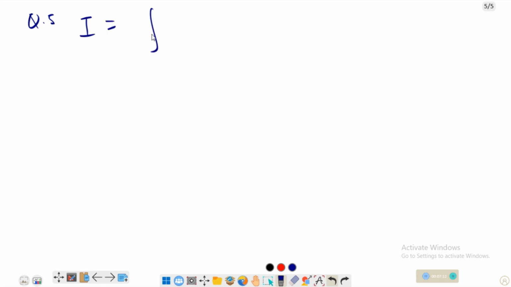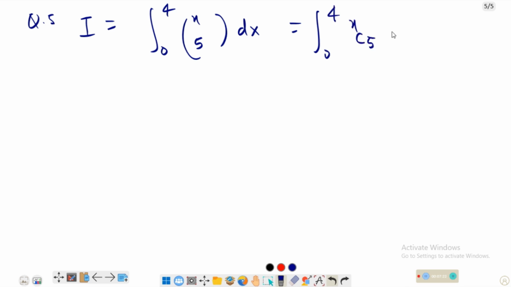I is equal to the integration from 0 to 4 of xC5 dx. We know nCr is equal to n factorial upon n minus r factorial into r factorial.